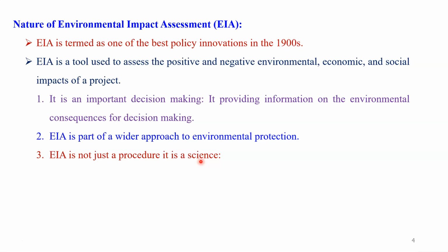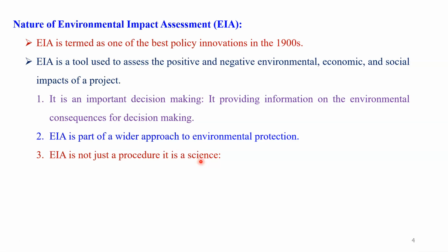So when we carry out this work, environmental impact assessment, like a science, the same methods and rules we follow during this process. Therefore, it is not only a process, but it is a science. Like a scientific study, scientific survey, scientific analysis, all these things we apply in the environmental impact assessment.